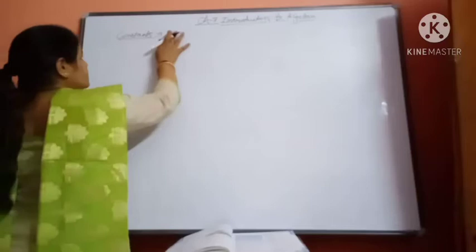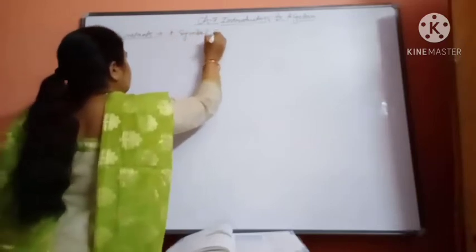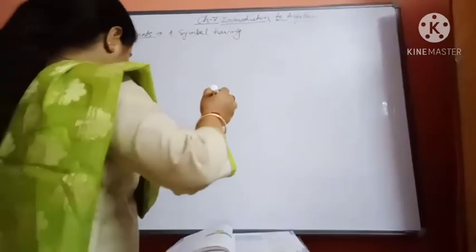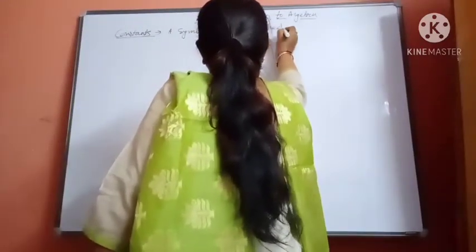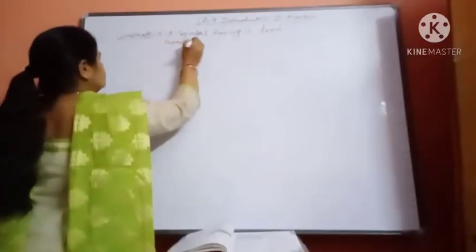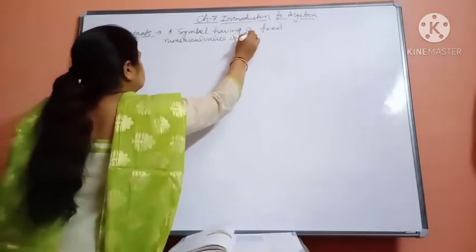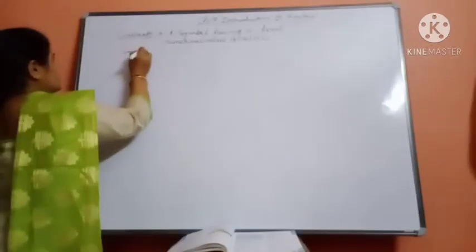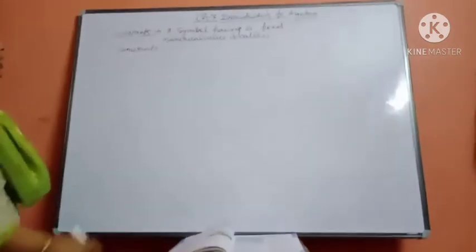A symbol having a fixed numerical value is called a constant. The second thing that comes is variable.